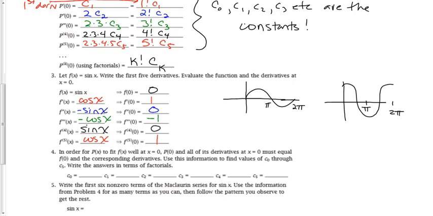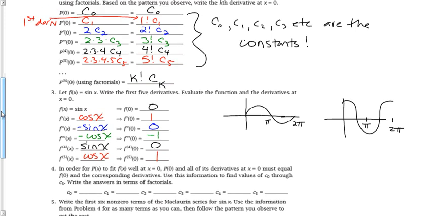So we have figured out that each of these is equal to the factorial times the constant. Let me show you what I mean. I'm going to scroll down just a little bit. In the chart at the top, I know that p sub 0 is c0. So this right here is my c sub 0. In the next one, p prime of 0 is 1 factorial times C1.